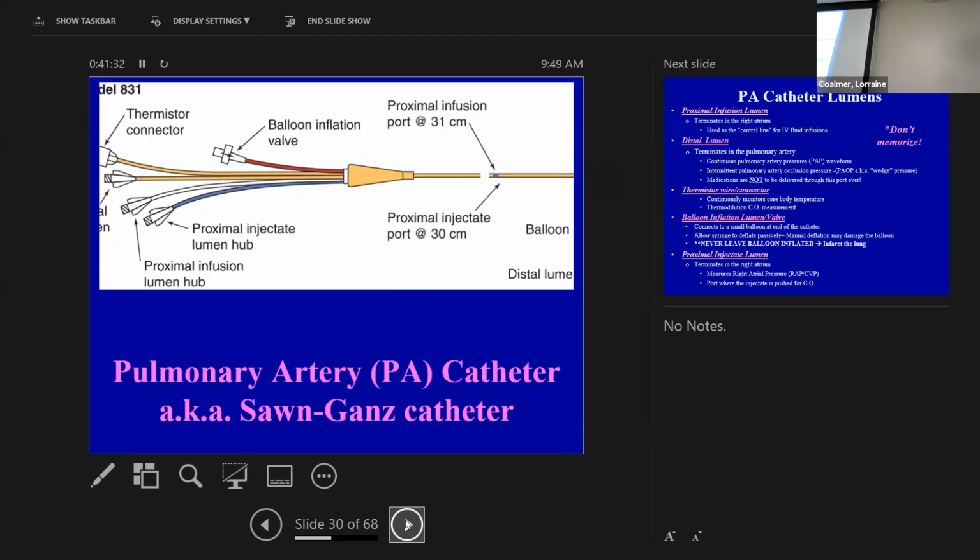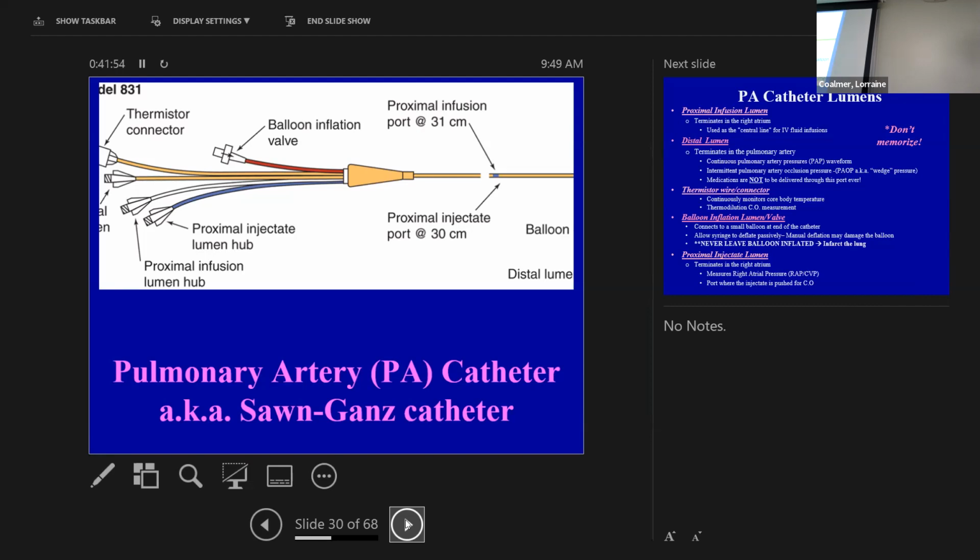infusion of medications. Now, the Swan-Ganz has all kinds of pigtails, and depending on what kind of Swan they order, you can even pace through these.